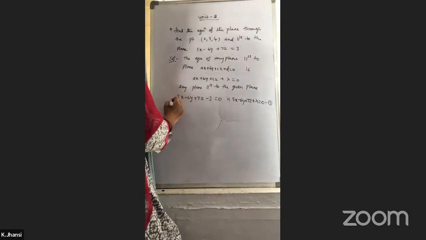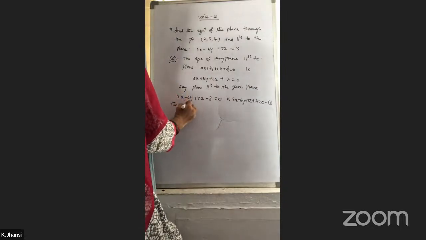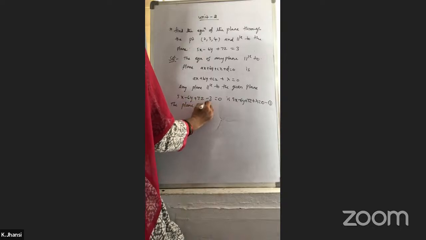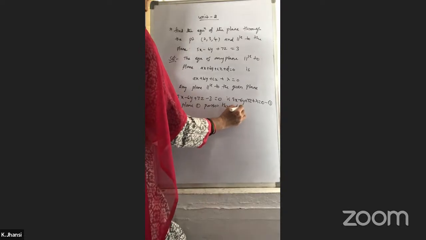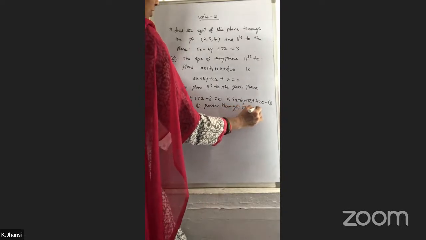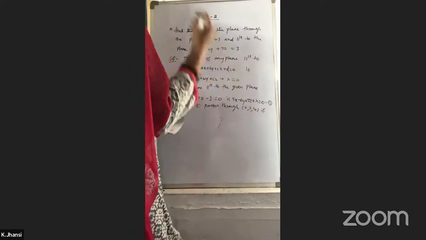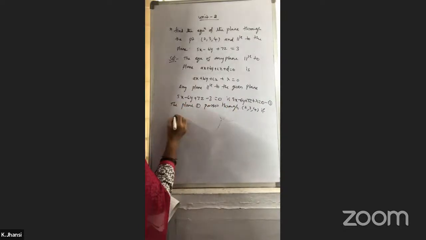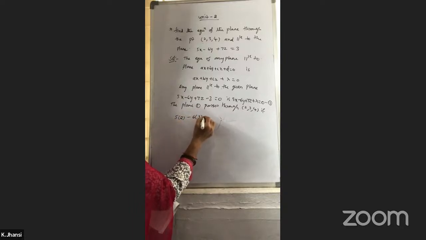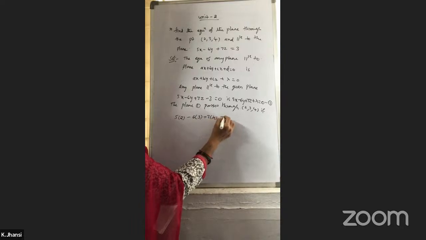The plane 1 passes through the point (2, 3, 4) if 5 into 2 minus 6 into 3 plus 7 into 4 plus lambda equals 0.